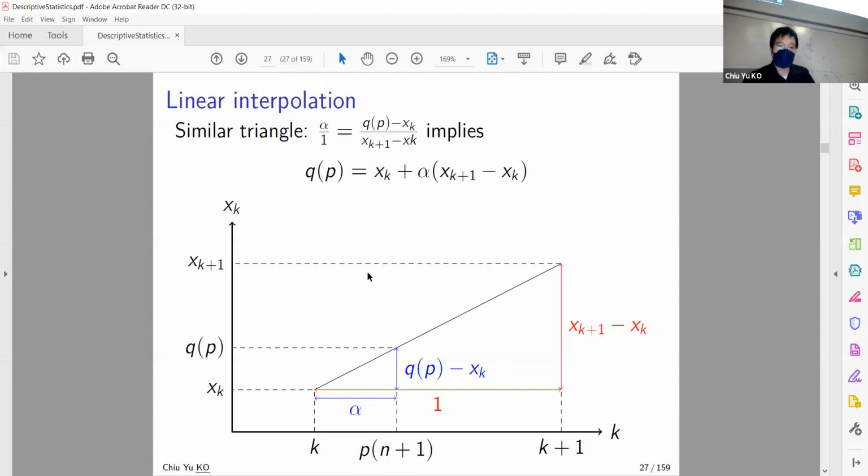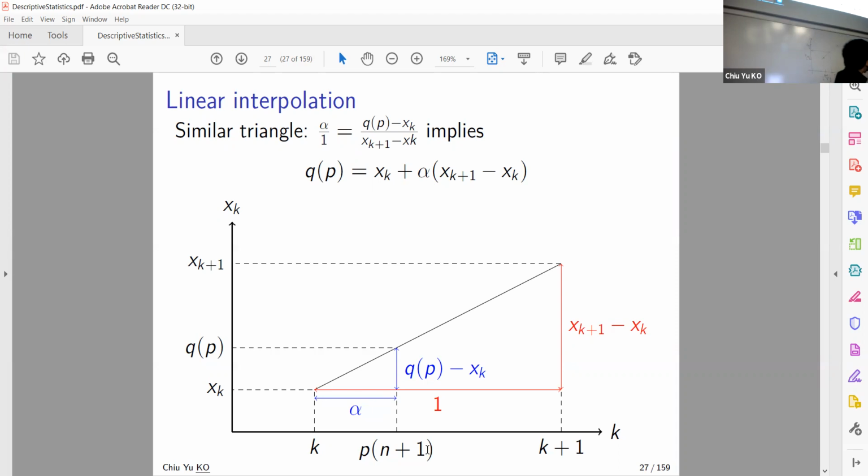We will try to explain this formula by using what you learned in high school, called the similar triangle idea. The x-axis is basically the k, which is something you want to calculate. Assume k is an integer, in this case 3 or 4. So you calculate p times n plus 1.